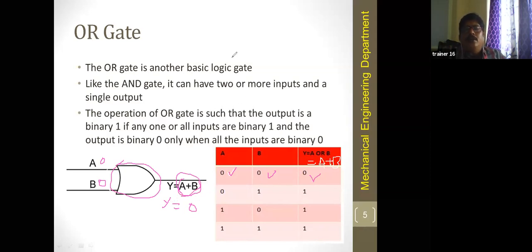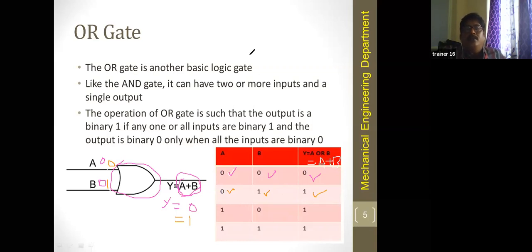And if the input A is 0 and B is 1, that is 0 plus 1, A plus B is equal to 1. So now it is clear. Now you got the idea.